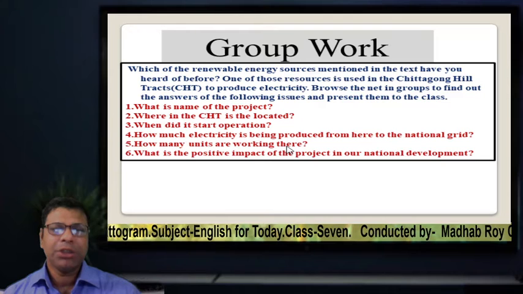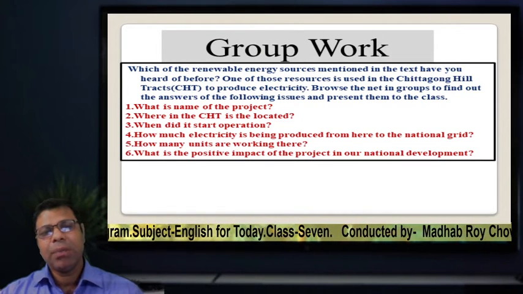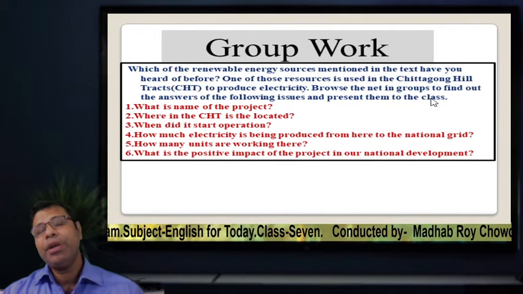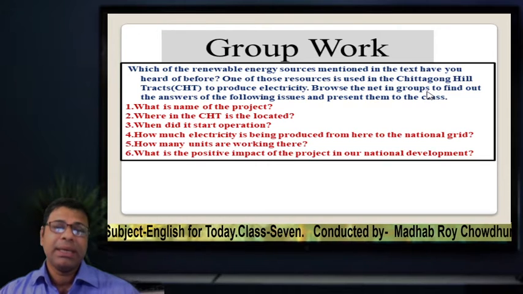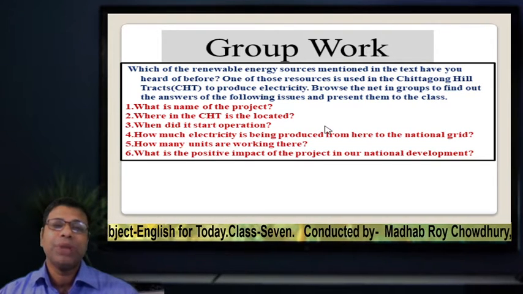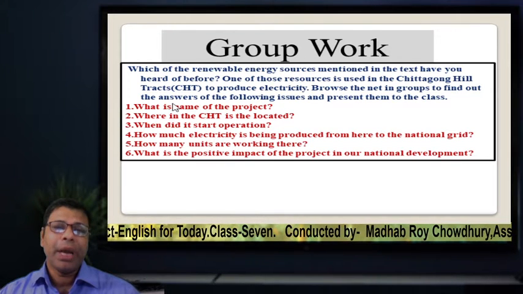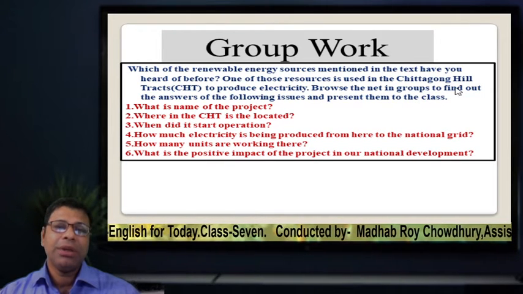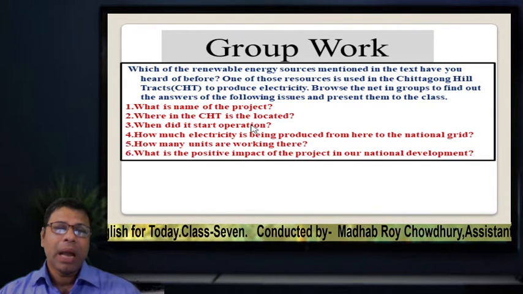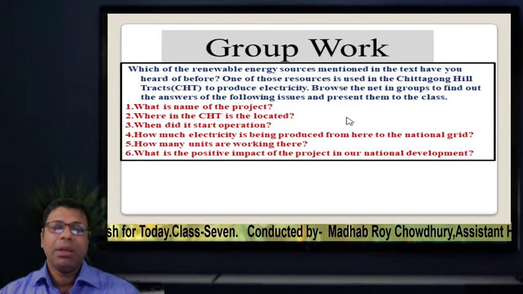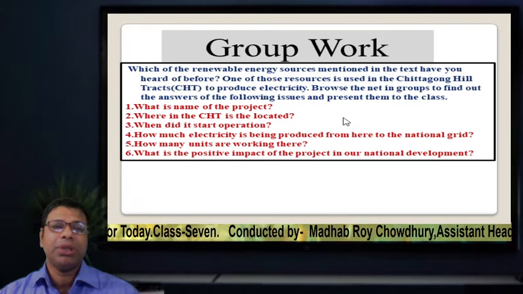What is the positive impact of the project on our national development? So, dear students, if you want to make the answers clearly, you have to use the net. Browse the net and see the Chittagong Hill Tracts water hydroelectricity project. If you search it on the net, you will get many more ideas about it.